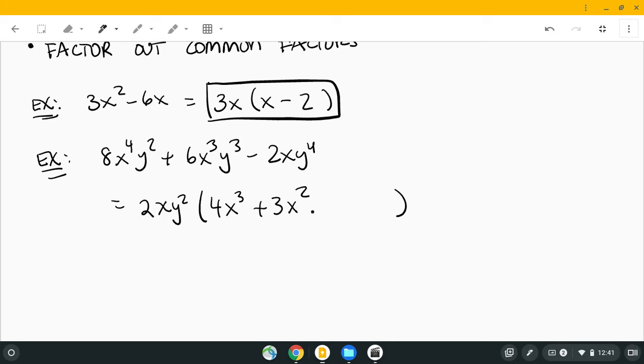And y squared times y will give me y cubed. And then over here, 2 times negative 1. I don't need to put a 1 here, having the negative and then the rest of it, it's understood there's a 1 in front. So 2 times negative 1 is negative 2. x times 1 is x. And then y squared times y squared is y to the fourth.